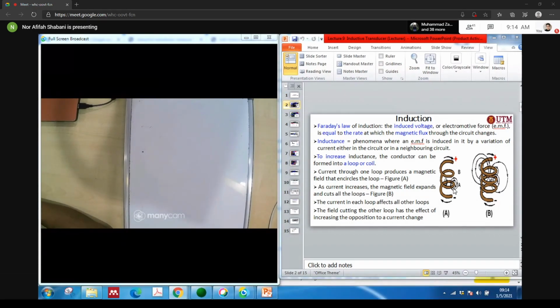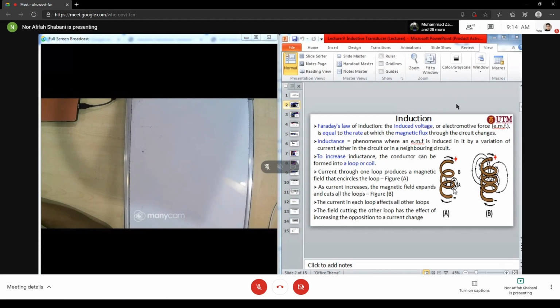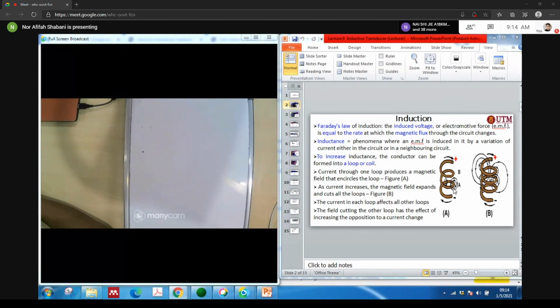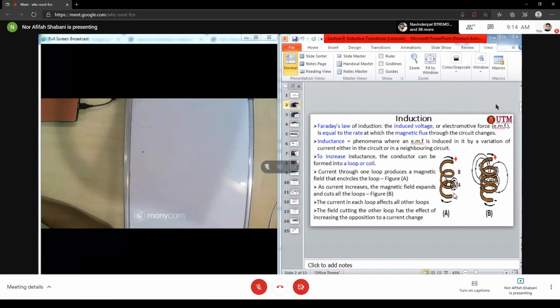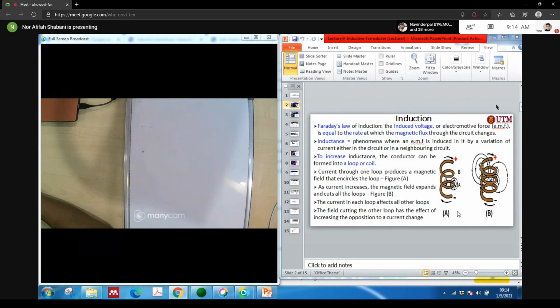To increase the inductance, the conductor can be formed into a loop or coil. Current through one loop produces a magnetic field that encircles the loop, like in figure A. As the current increases, the magnetic field expands and cuts all the loops. Okay, so this one we look into.